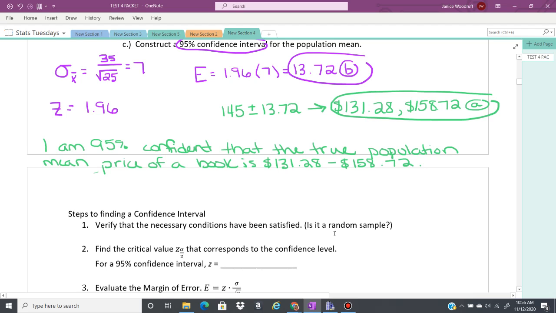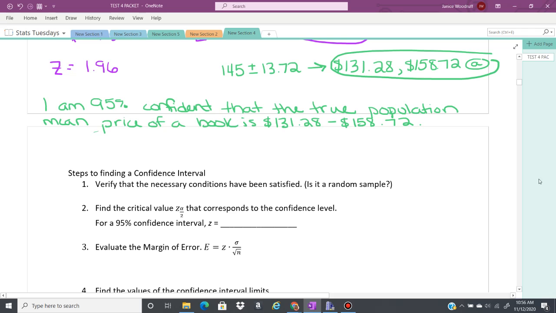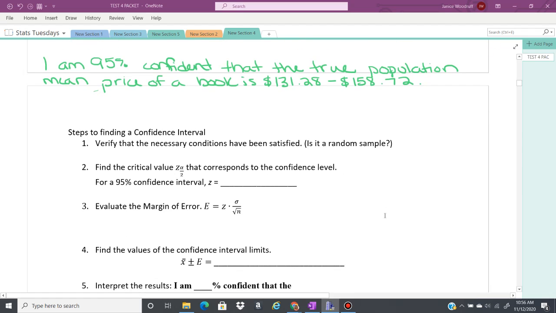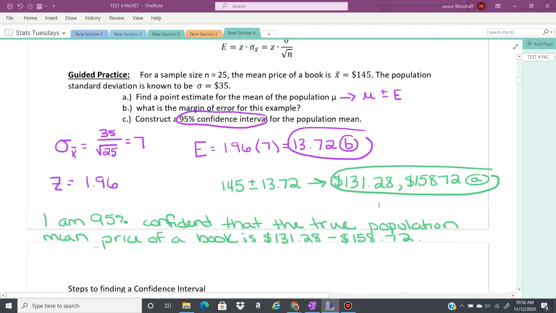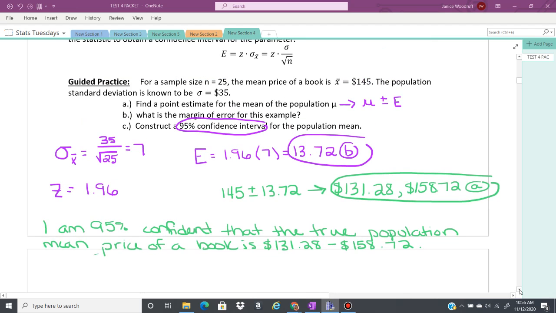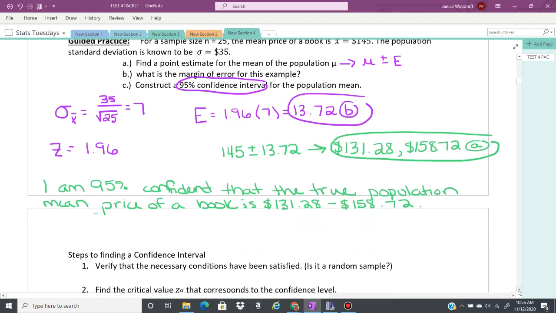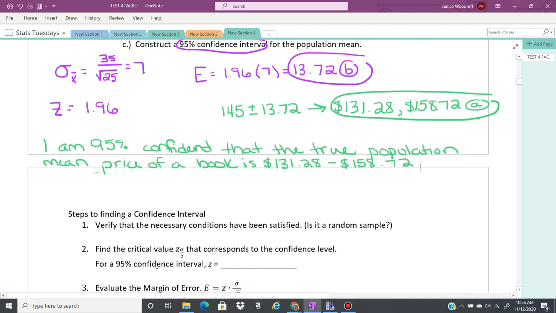Oh, I skipped ahead here. So let's take a look at this. Here are the steps to finding the confidence interval. First, verify the necessary conditions have been satisfied. Is it a random sample? It doesn't tell us, so we're going to assume it is and go forward. Find the critical value Z that corresponds to the confidence level. For 95%, that was 1.96.